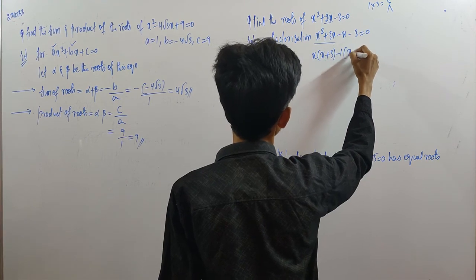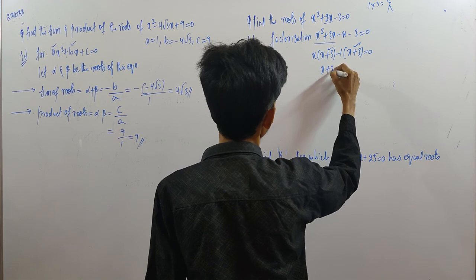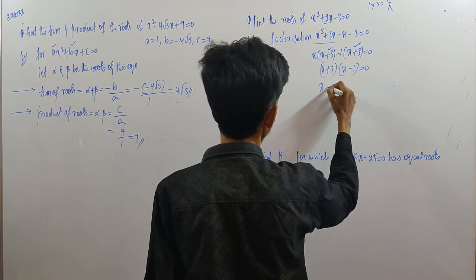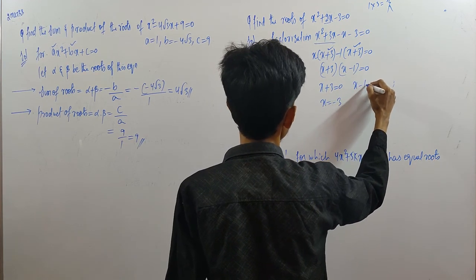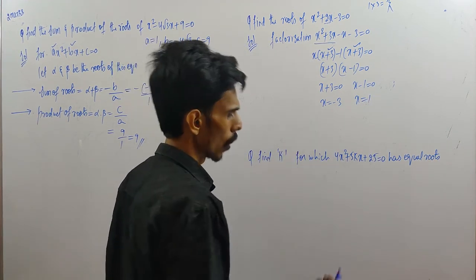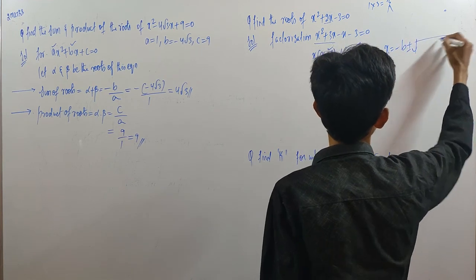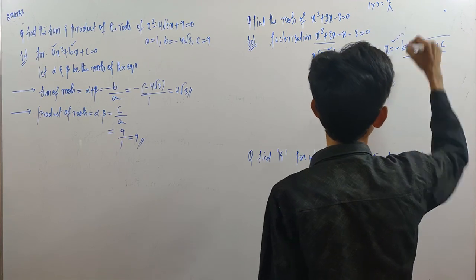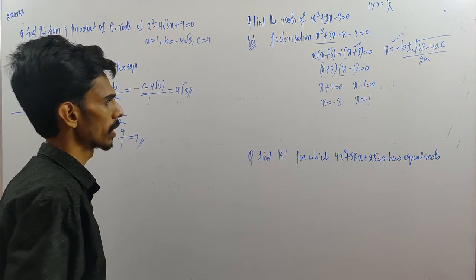Take minus 1 common, we have x plus 3 equal to 0. Take x plus 3 common, we have x minus 1 equal to 0. Equate to 0: x plus 3 equal to 0, x is equal to minus 3; x minus 1 equal to 0, so x equal to 1. So these are the two roots. Also we can use this formula, x is equal to minus b plus or minus root over b square minus 4ac by 2a. With this formula also we will get the same answers. You can choose any of the methods.